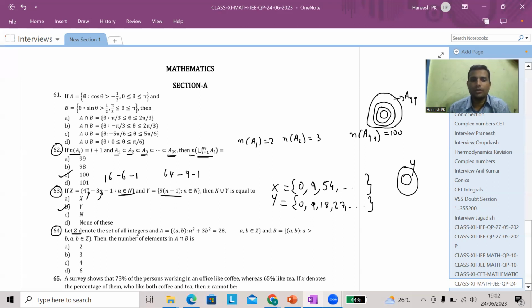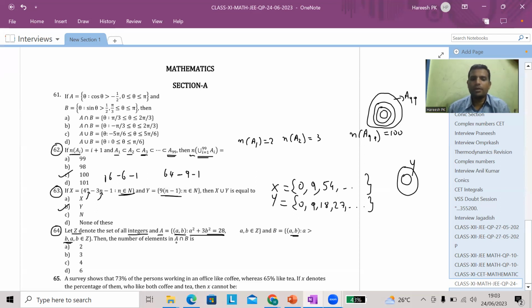64th question, again an easy question. Z denotes the set of all integers, and A is the set of ordered pairs (a, b) such that a square plus 3b square should be 28. And B is the set of pairs (a, b) such that a is greater than b.